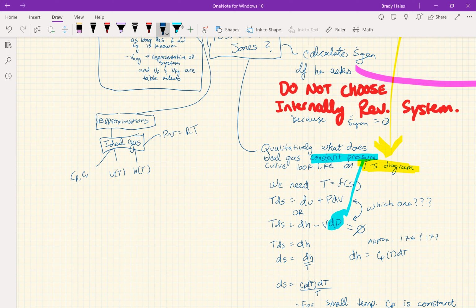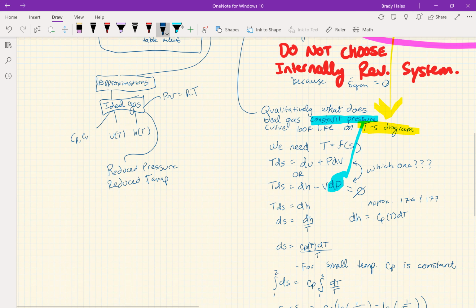Okay, now how do we know if something is an ideal gas? We use reduced pressure and reduced temperature. So if P reduced is equal to P over P critical, and that is less than 0.1, then ideal gas.